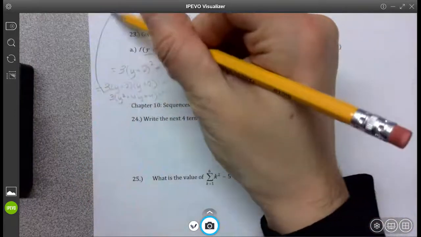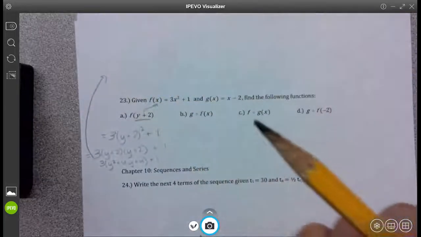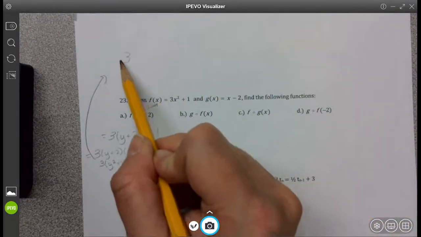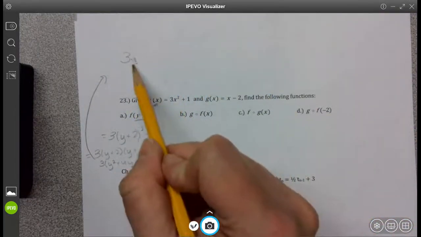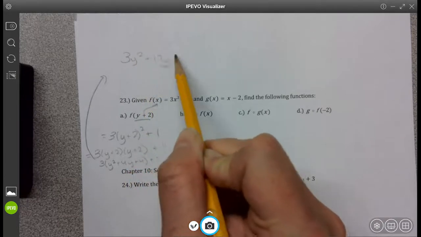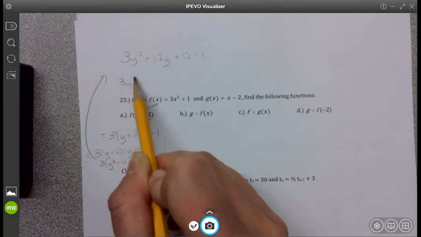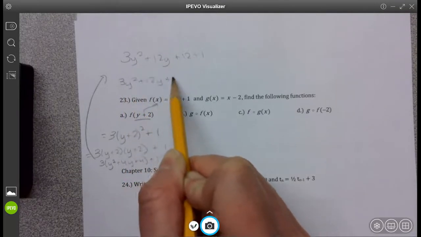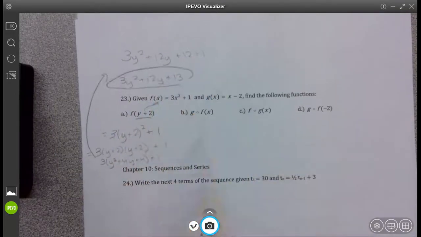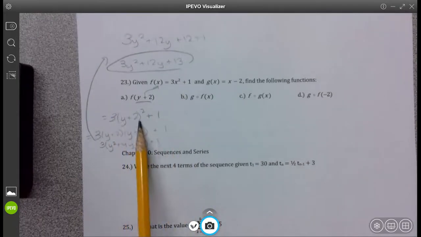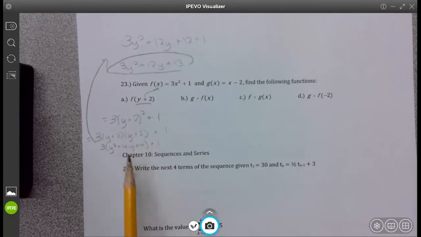Let's move this up to the top. We don't got much room. So remember, when you square something, you're foiling it. Foil and then bring in the 3.